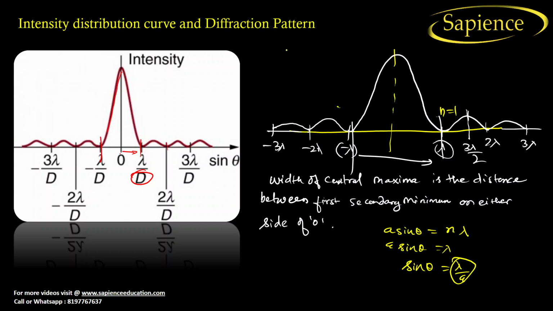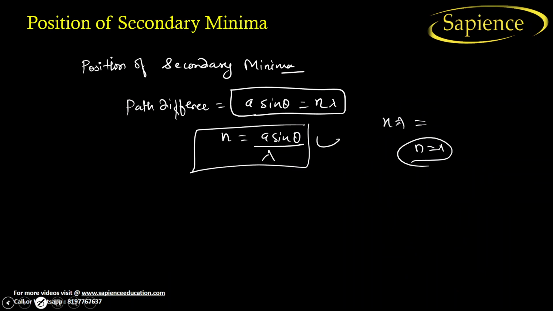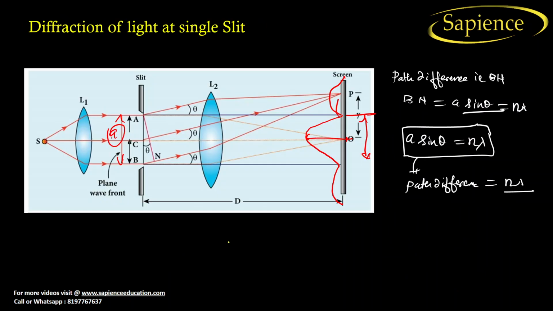Now since theta is very small, we have considered this. See here, we are talking about this theta. So theta is very small, right? If theta is very small, sin theta can be written as tan theta, and tan theta can be written as perpendicular by base.